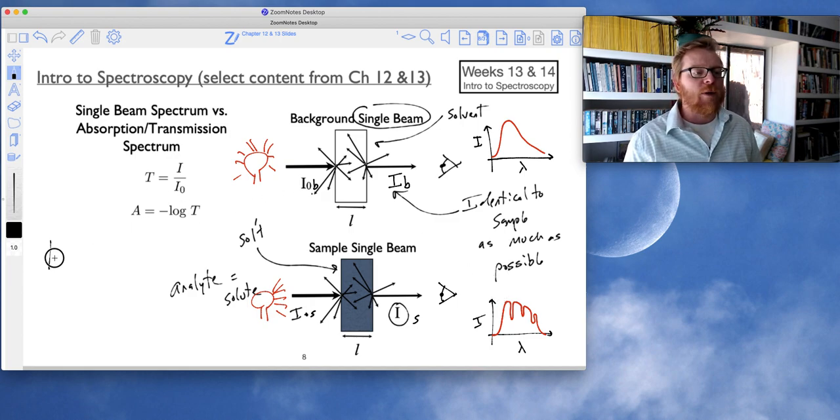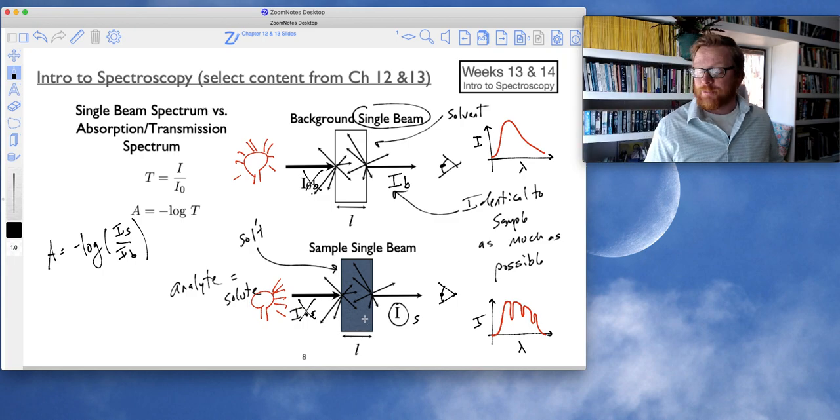So really now what this means is this absorbance is going to be the negative log of I sample, the transmitted beam coming out of the sample, over the transmitted beam coming out of the background, okay? So both of these two things will wash out because they're identical.